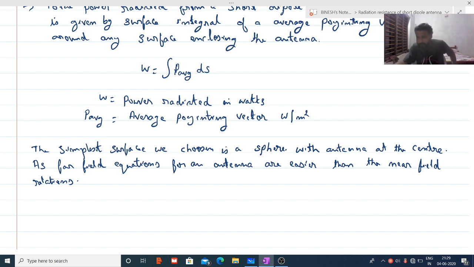So what we will do, by considering the far field, is keep the radius of the sphere large compared to the dimension of the antenna.